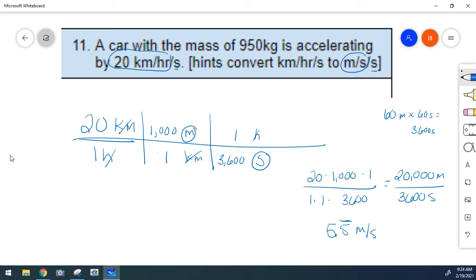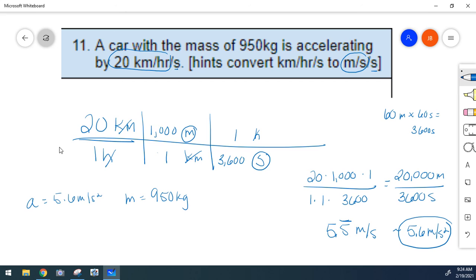I will probably round that to 5.6 meters per second squared, just because it's easier than putting 5 repeating into the calculator. Now that I have the acceleration, because again, this is going to be my acceleration, then I can calculate my force because I have a mass of 950 kilograms.